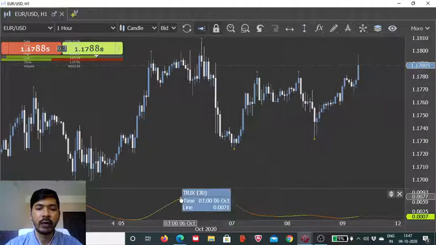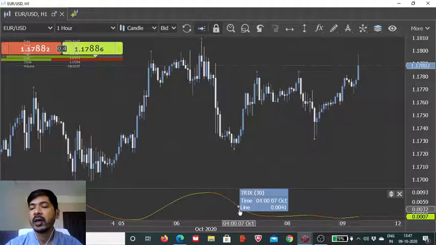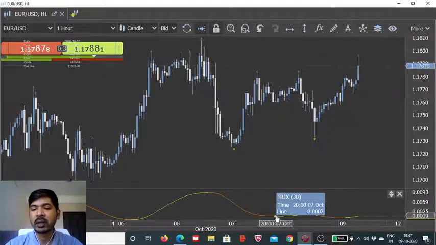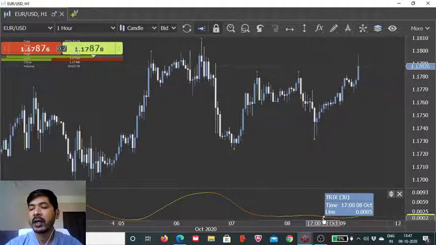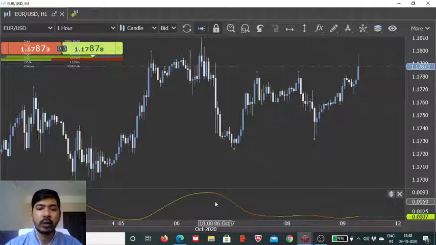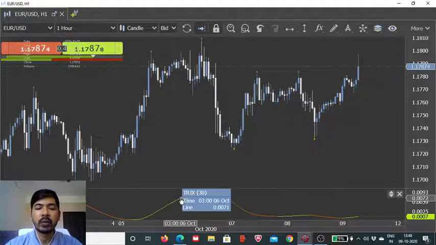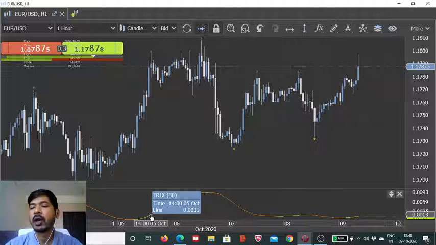The positive value, that is the output value above 0, is considered as denoting bullish sentiments, whereas if the output value for the TRIX is below 0, that is indicative of the bearish sentiments prevalent in the underlying instrument. So you can say that this indicator basically oscillates around 0. Sometimes it is positive, sometimes it is negative, depending on the price action we are observing in the underlying instrument.